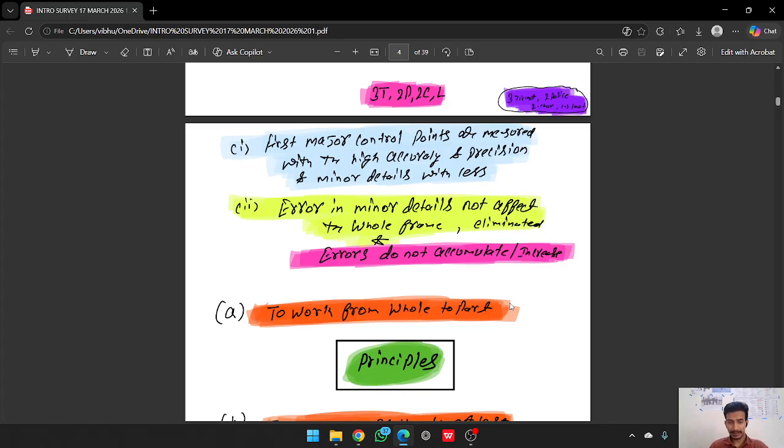The second is that errors in minor details do not affect the whole frame, and errors do not accumulate or increase. If we do minor details with less accuracy, it does not affect our result because we have done high accuracy with the major points.